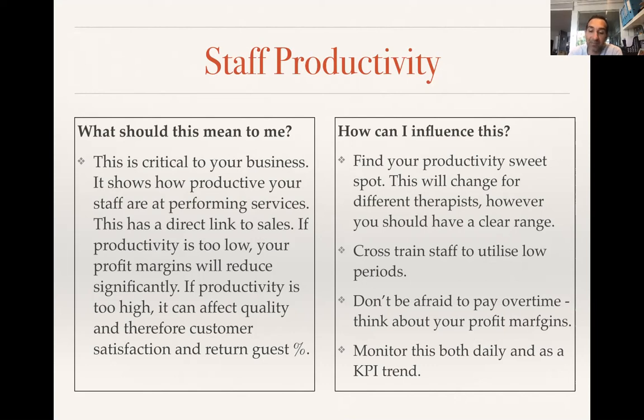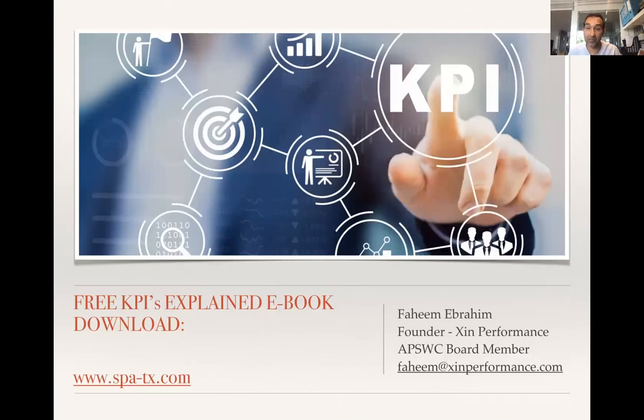Okay, so that's 3 KPIs that we went through today. The first one being capture ratio, where we're looking at the relevance of your business compared to a segment that you are targeting. We looked at average treatment rate per service and also per guest, where we're looking at optimizing both your pricing and optimizing the time in which people spend with you.